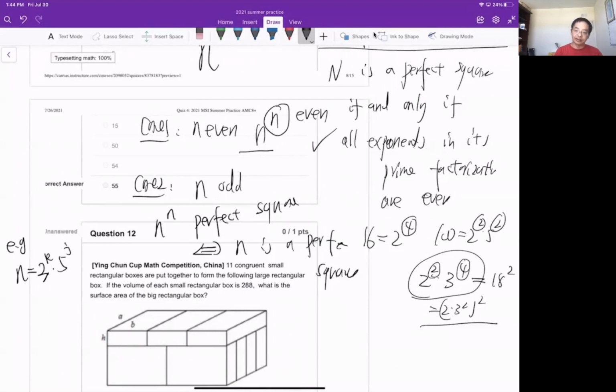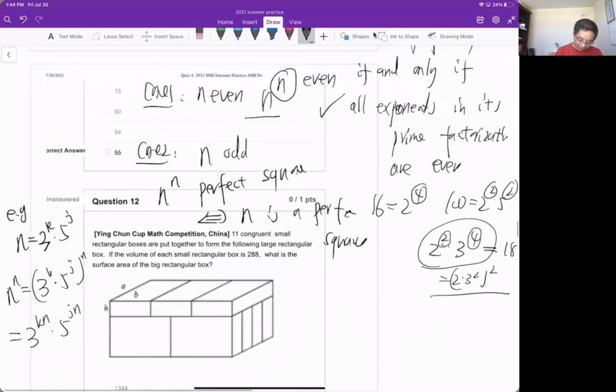So this is the prime factorization of n. Then n to the power n is 3 to the k times 5 to the j, all to the power n. By the rule of exponents, this will be 3 to the kn and 5 to the jn. All right, so this becomes the prime factorization of n to the n.